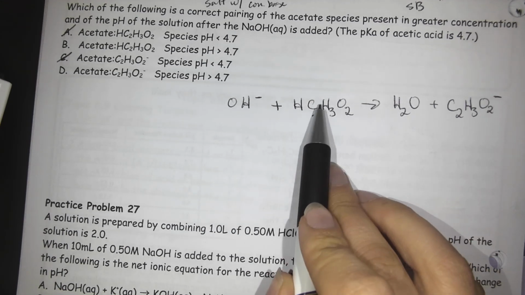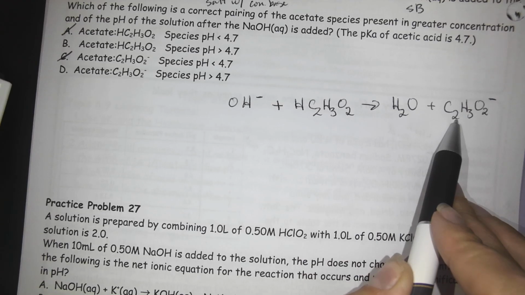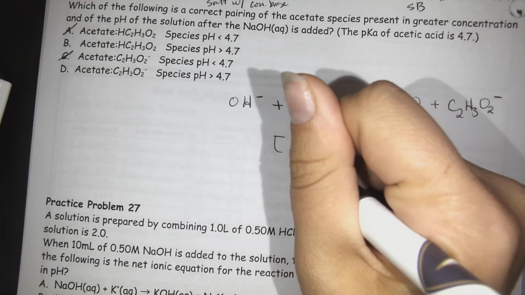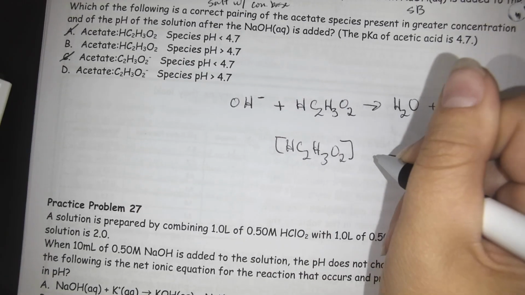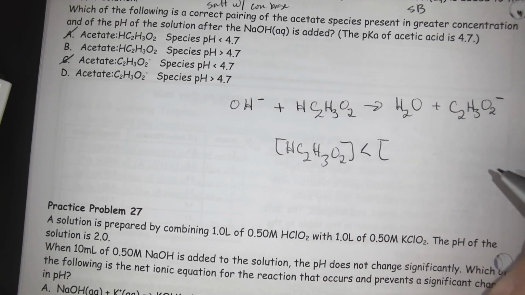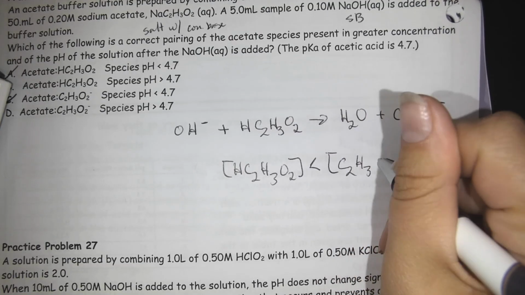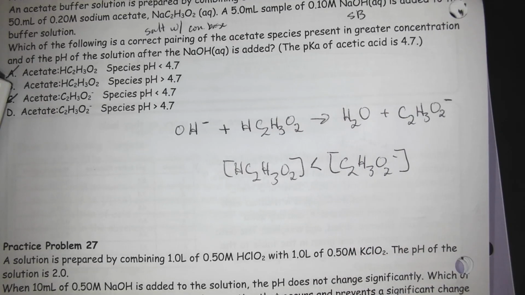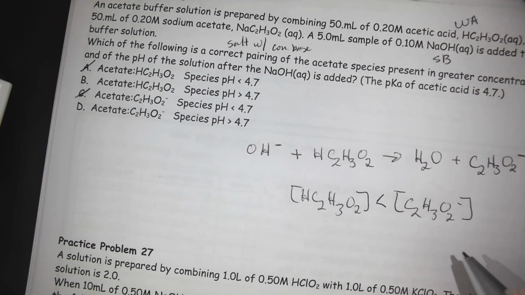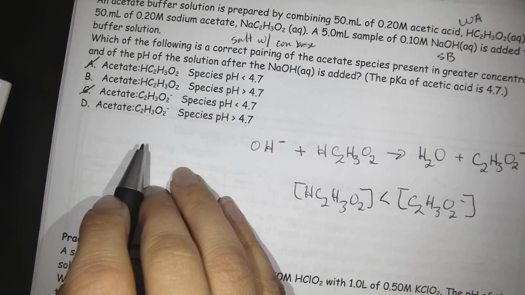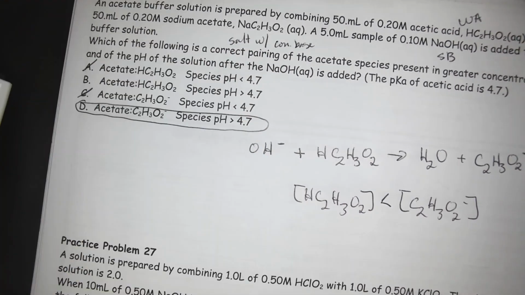And some of the weak acid went away and made more of the conjugate base. So this concentration of HC2H3O2, there's less of it now. There's less of it, and we have more of the conjugate base, C2H3O2 minus. And so which one is present in greater concentration? That would be this guy. So our answer is D.